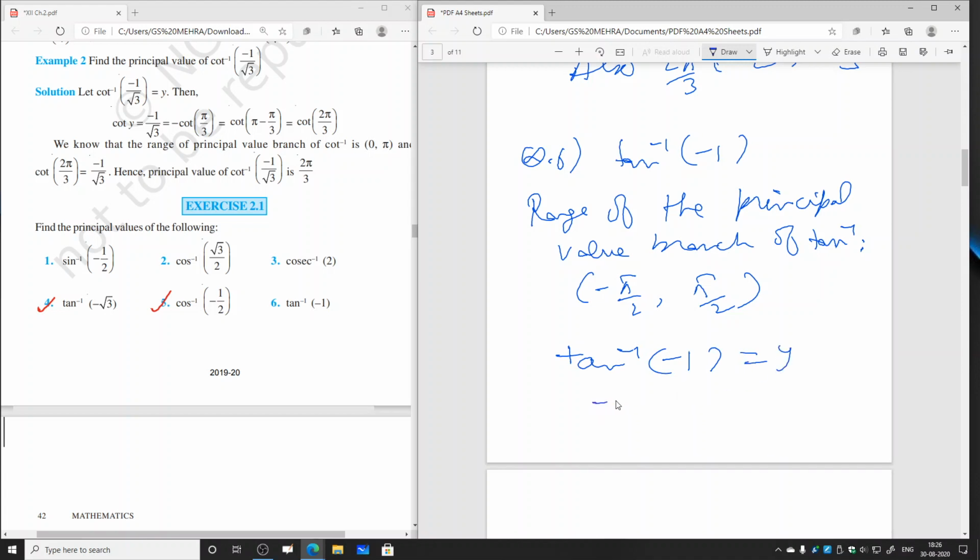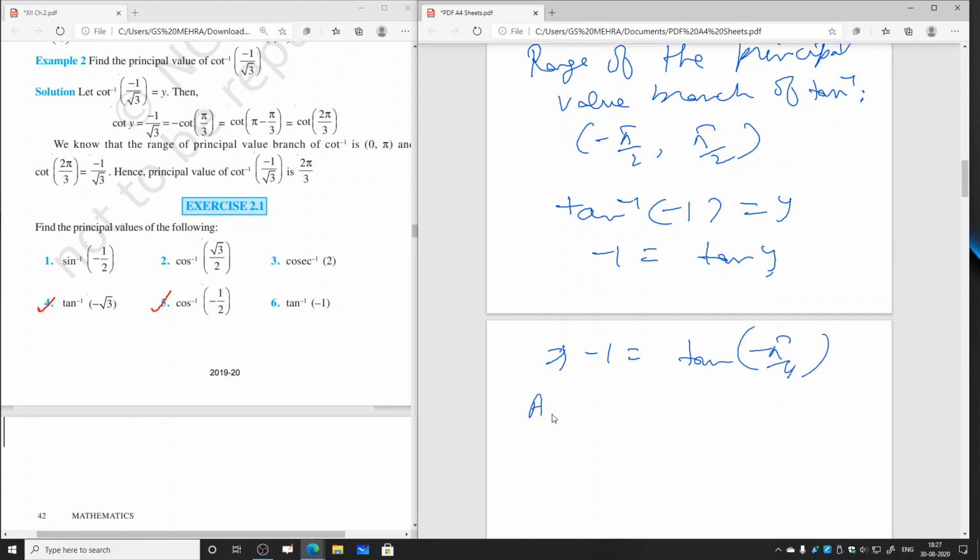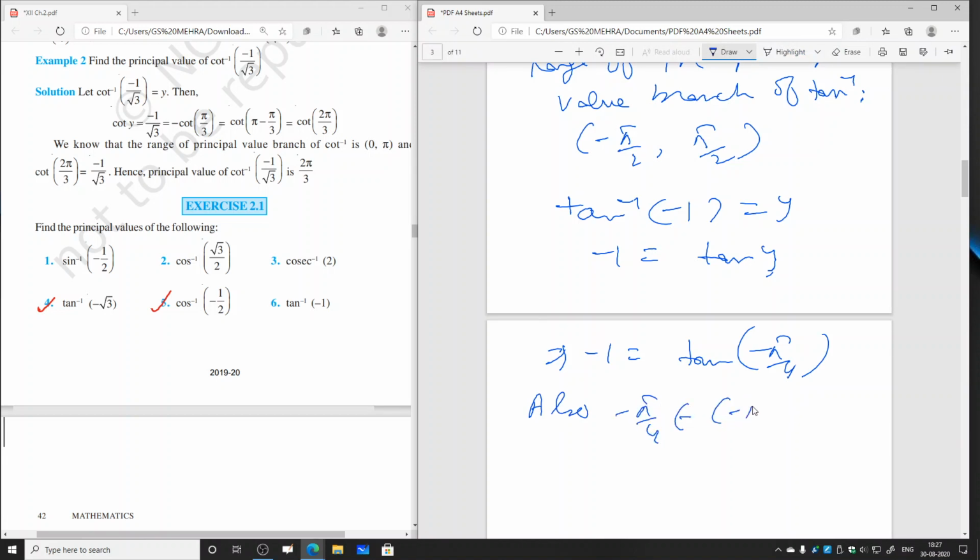So, we will be getting minus 1 equal to tan y, and we know that tan minus pi by 4 is equal to minus 1, and also minus pi by 4 belongs to this interval. So, that means y equal to minus pi by 4 is the required answer. Also, minus pi by 4 belongs to the open interval minus pi by 2 to pi by 2.